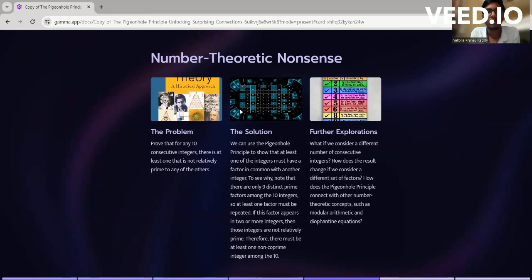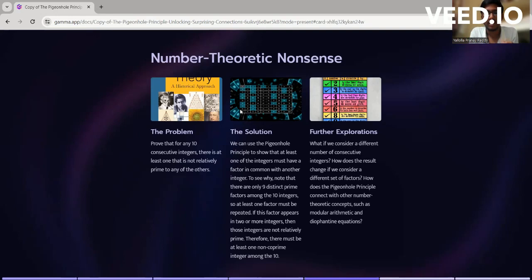And coming to number theory, here is the problem. Prove that for any 10 consecutive integers, there is at least one that is not relatively prime to any of the others. So here's the solution, using the pigeonhole principle. If we take 9 distinct prime factors among the 10 integers, then at least one factor must be repeated.